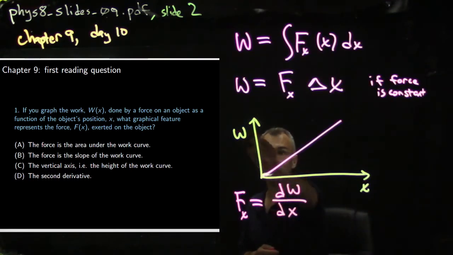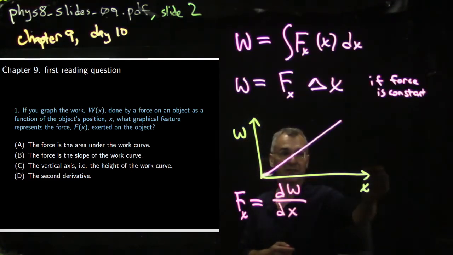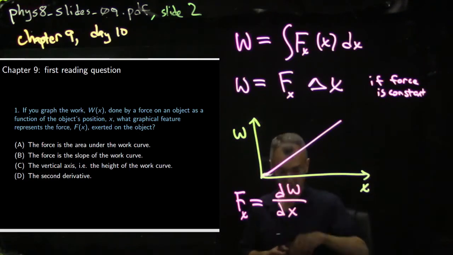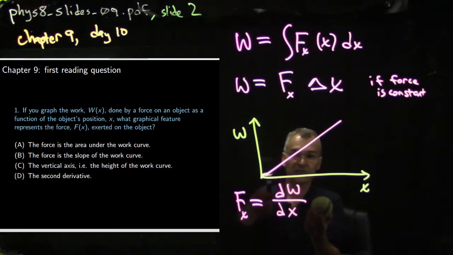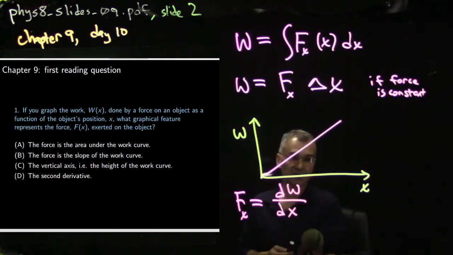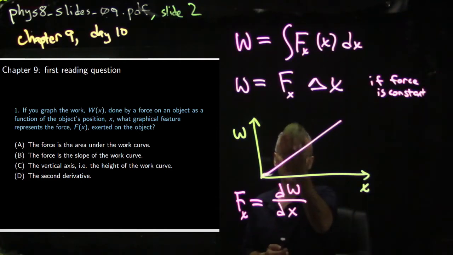If I graph work on the vertical axis and position on the horizontal axis, for example, the work could represent the work that I'm doing on this ball plus Earth system by applying this force to the dog toy and displacing it upward. You can see that the farther upward I displace it, the more work I do.